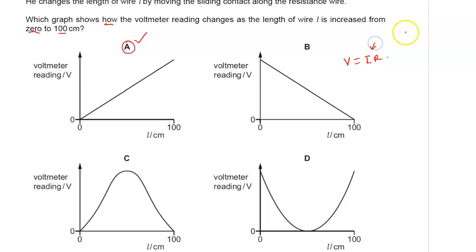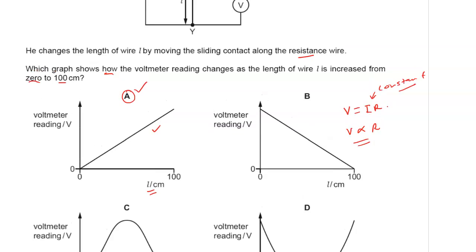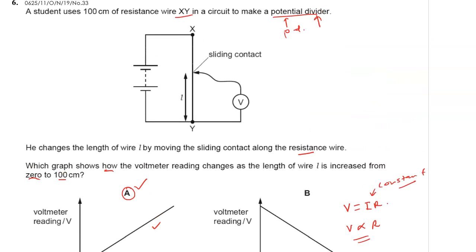If you take current to be constant, then voltage is directly proportional to resistance. So when the resistance increases by increasing the length, the voltage reading should increase, and this should be the graph. So that is the answer to question number 6.